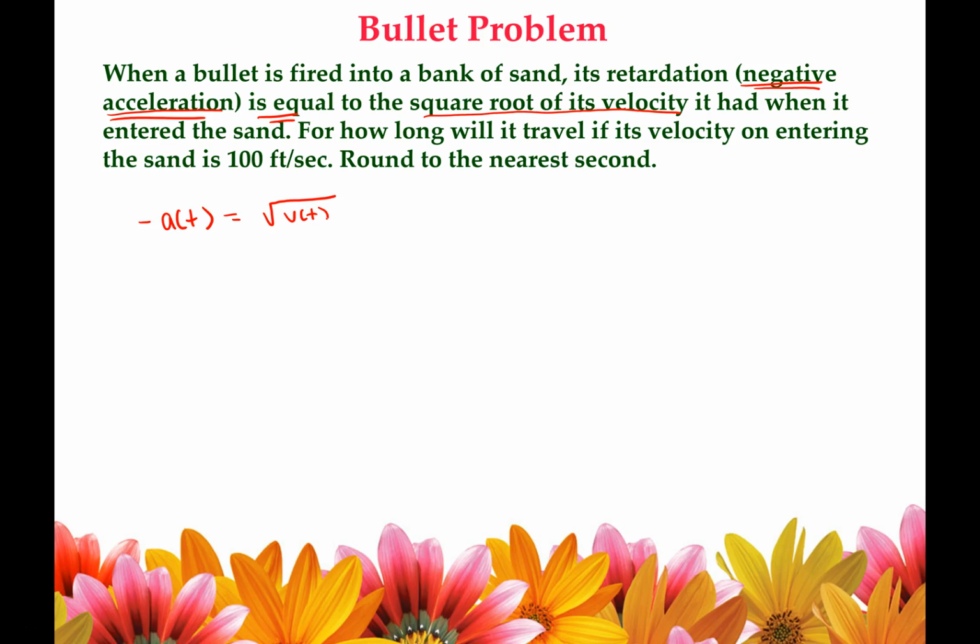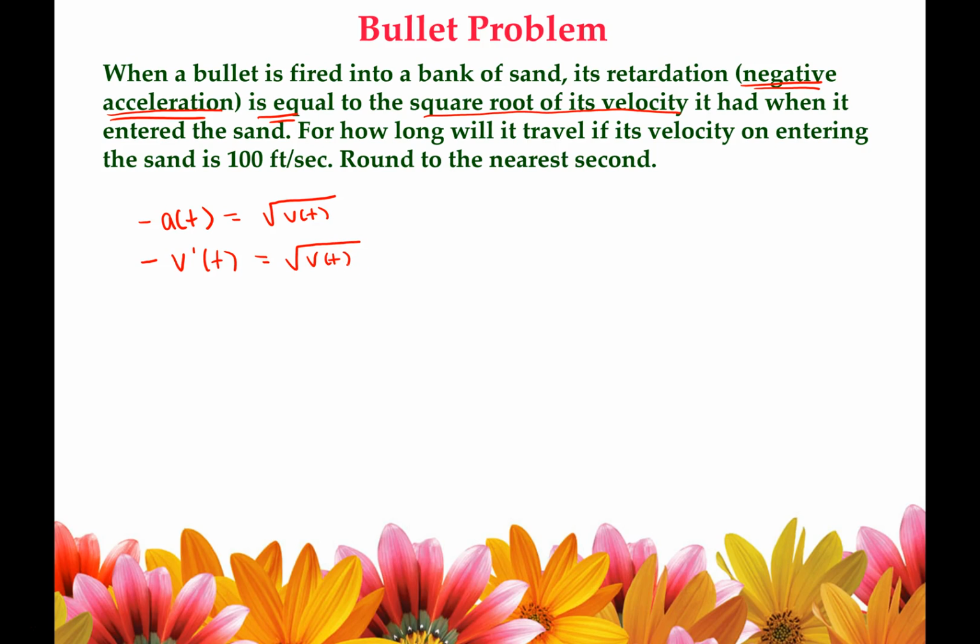I'm going to rewrite this. Just a reminder, acceleration is the derivative of velocity. So I'm going to write this as negative v prime of t equals the square root of velocity.